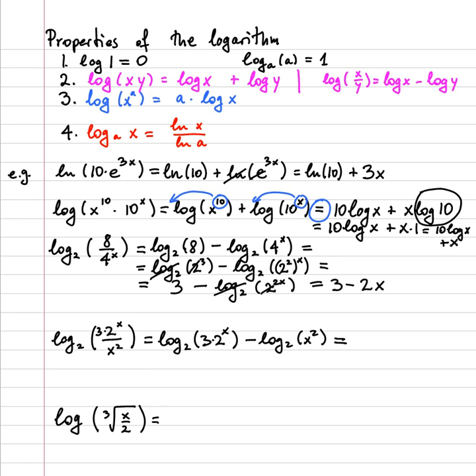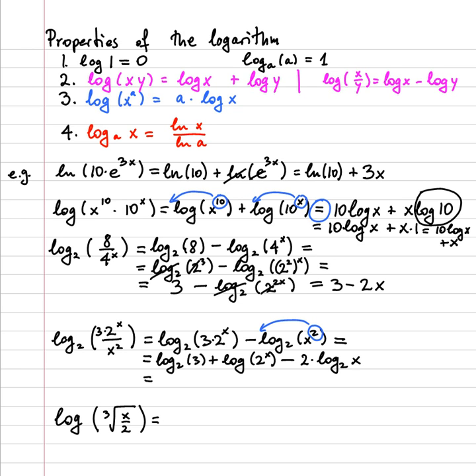So for the first term, log of 3 times 2 to the x, you have a product, so this becomes log base 2 of 3 plus log of 2 to the x. For the second term, we apply the blue property, and the exponent comes out of the logarithm, and this becomes 2 times log x.